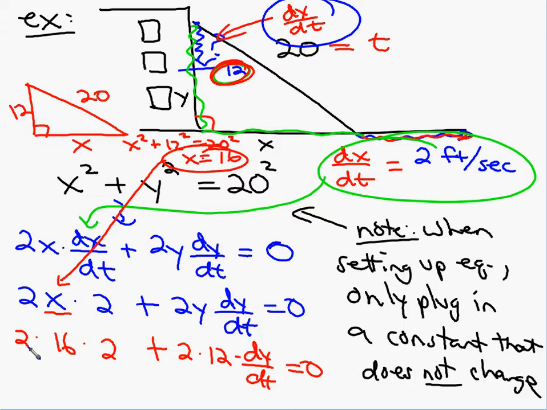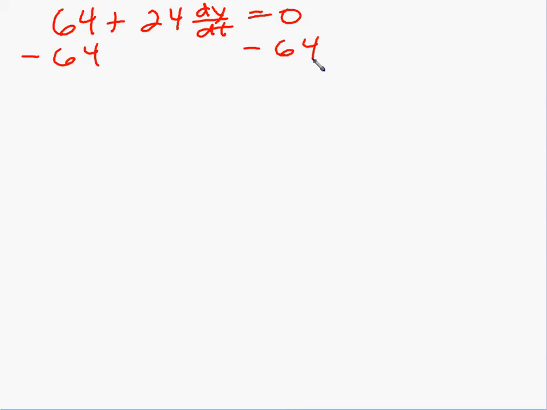So this is going to be 32 times 2, which is 64, plus 24 dy/dt equals 0. Subtract 64 from both sides. 24 dy/dt equals negative 64. Divide both sides by 24.